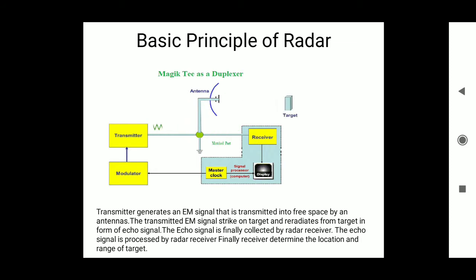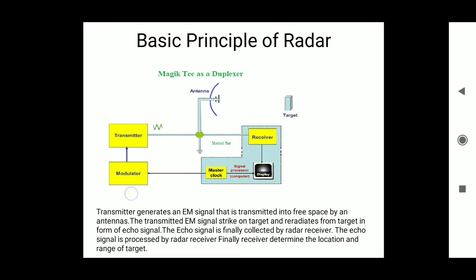This is the transmitter and this is the modulator, and the master clock is used for calculating the time duration between the transmitted and received signals. This is the receiving signal. First we generate the signal and modulate it.